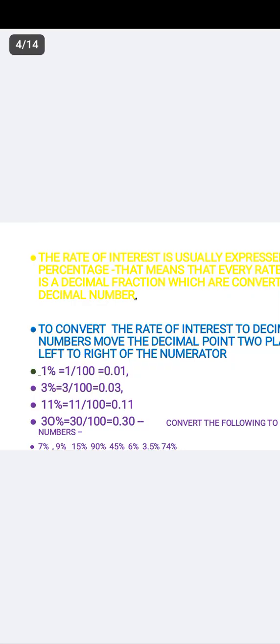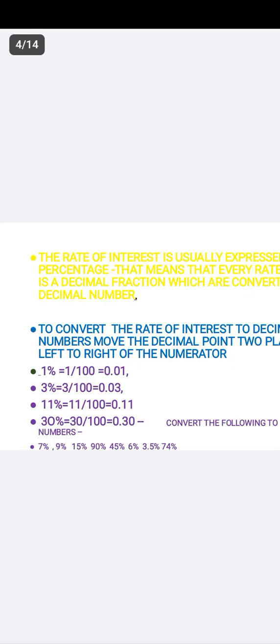What do they mean by percentage? Percentage is a number expressed over what? 100. And 100 is a power of what? 10. That means the rate is a decimal fraction. And if the rate is a decimal fraction, it means the rate is convertible to a decimal number.